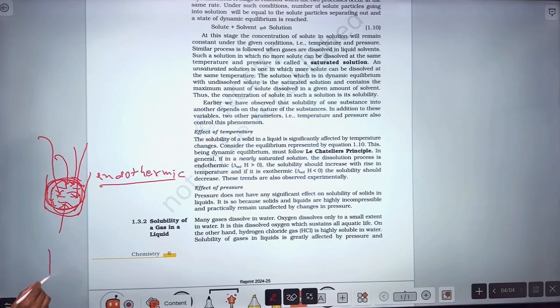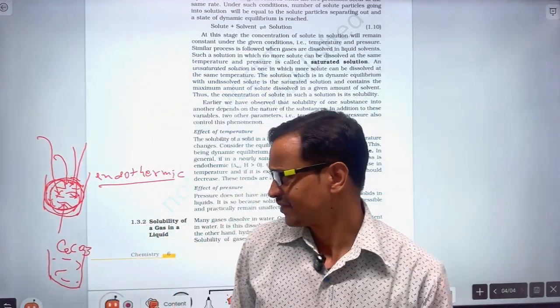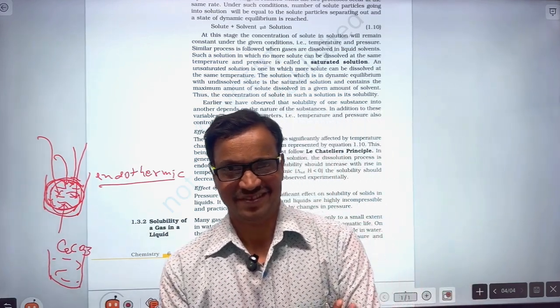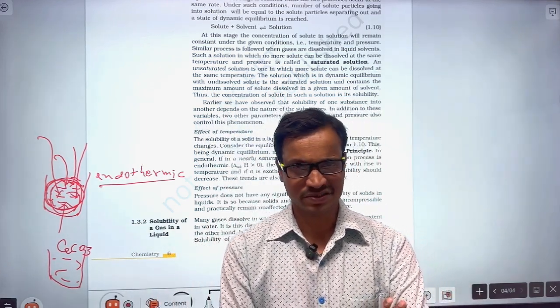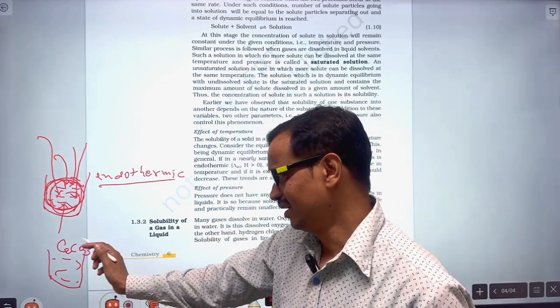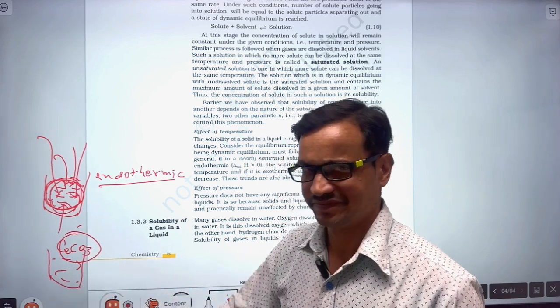Next case, here is water and you dissolve limestone, CaCO3. You might have seen the process of whitewashing. During whitewashing, what does the artist do? He puts the CaCO3 limestone in water.